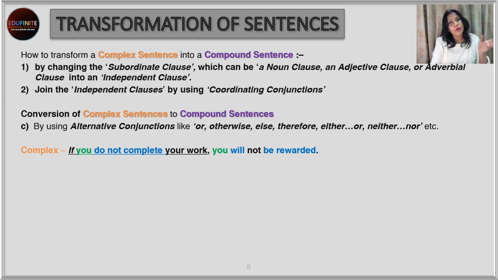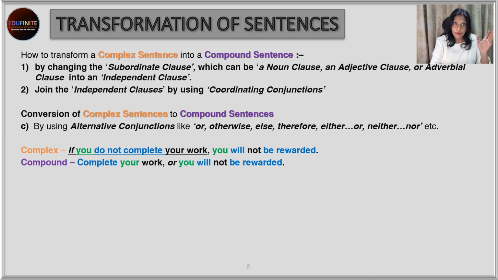Now we have to transform this into an independent clause. So we remove the subordinating conjunction, and what do we do? If there is if in a complex sentence, it uses the subject form of the pronoun. That means you over here is the subject form, but when we turn it into a compound sentence, we use the object form. So we are changing it into your. Complete your work or you will not be rewarded.